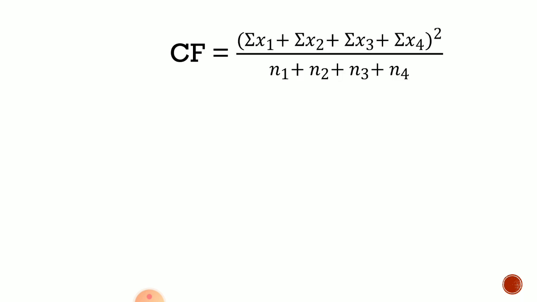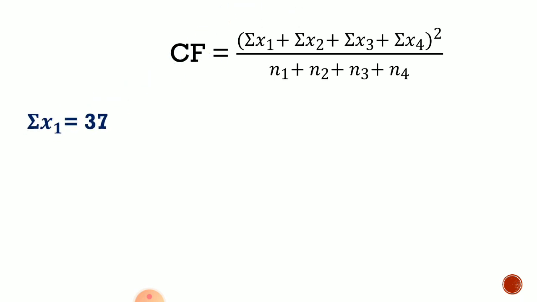So we are now ready to solve for the CF, or the correction factor. The correction factor is equal to the summation of x sub 1 plus the summation of x sub 2 plus the summation of x sub 3 plus the summation of x sub 4, then square it, divided by n sub 1 plus n sub 2 plus n sub 3 plus n sub 4.